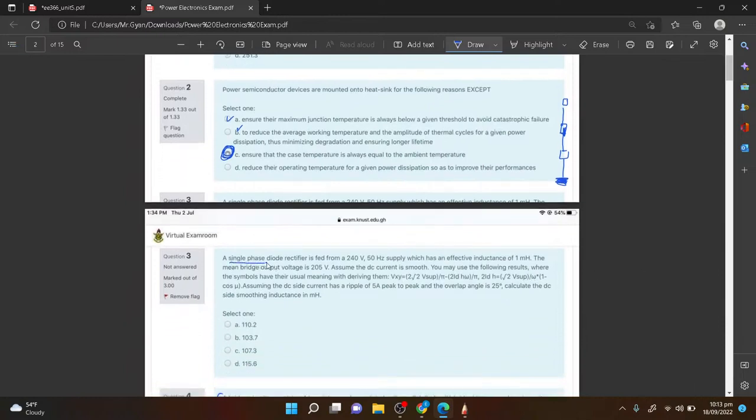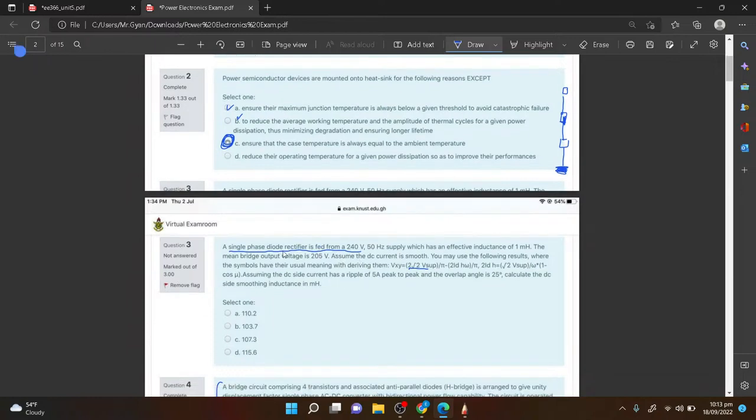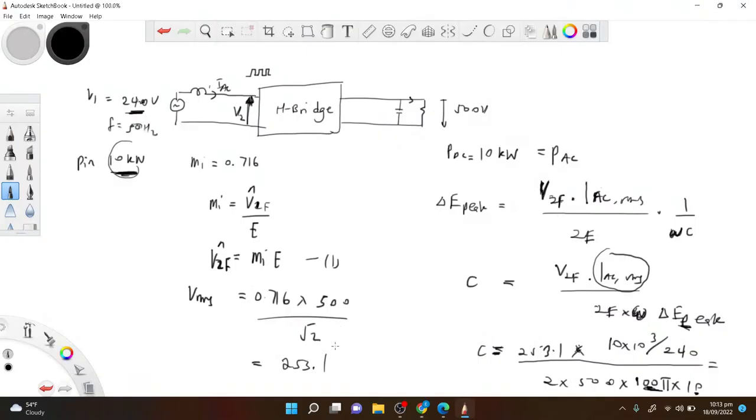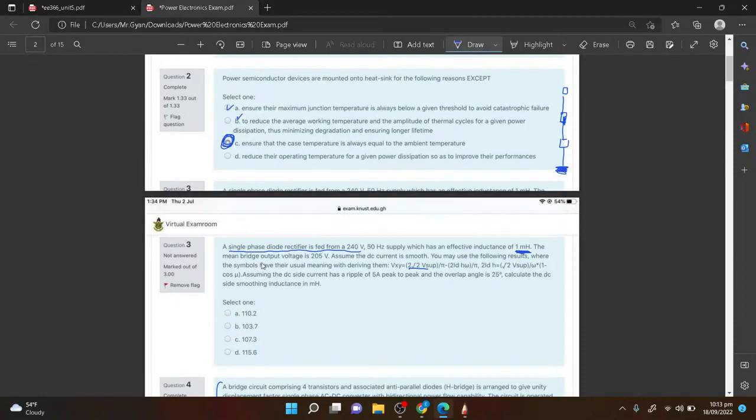Sure. So there's a single phase rectifier diode question here. He gave us the formula here. So let's move on. A single phase diode rectifier is fed from a 240 volt 50 hertz supply with effective inductance, which means there will be overlap. Right? There's an input inductance, so there will be overlap. The mean bridge output voltage is 205 volts.